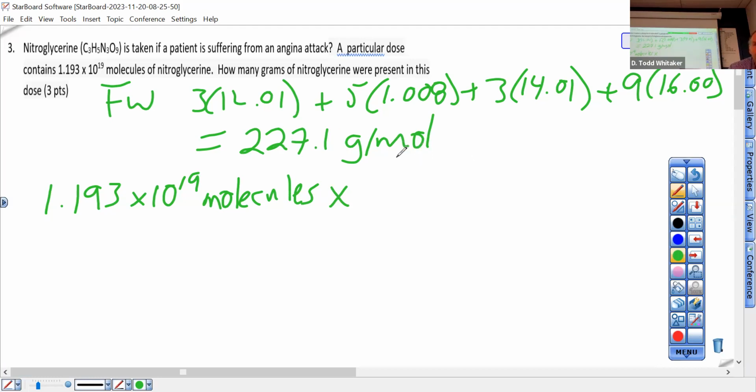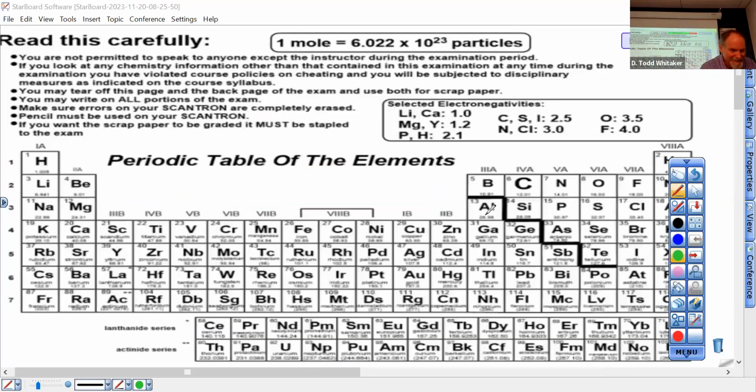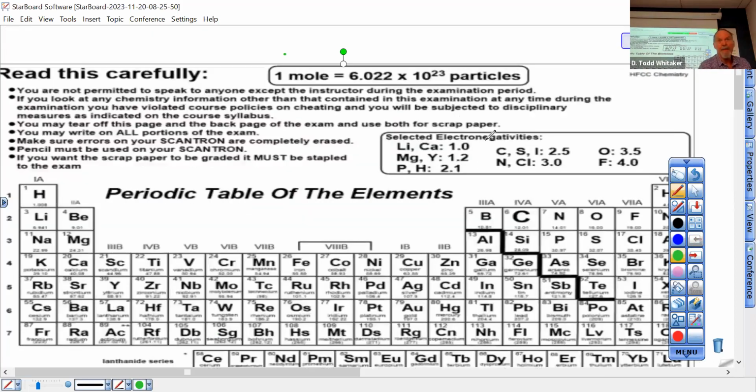I don't have either one. Get one of them, please. Well, molecules are a type of particle. And what's the very first thing on your periodic table? Yes, that Avogadro's number.